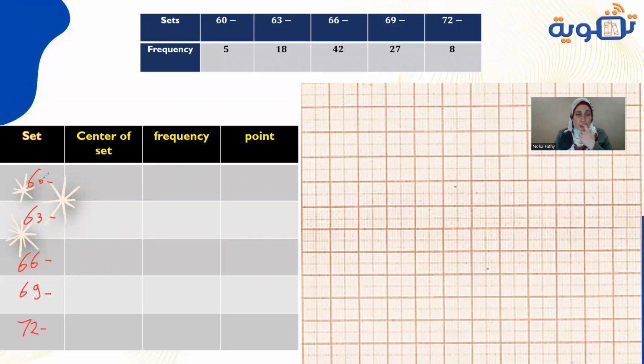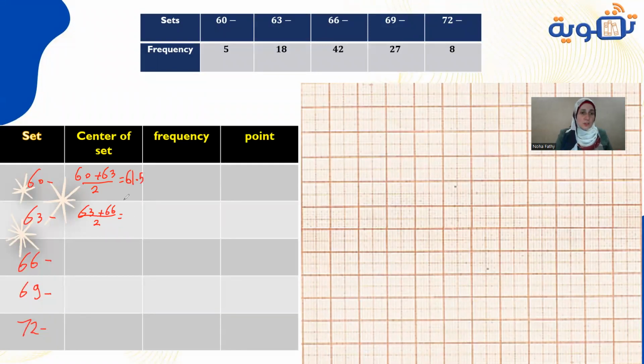What is the center of set? I will add lower limit plus upper limit divided by 2. It means 60 plus 63 divided by 2, then 63 plus 66 divided by 2, and so on. 60 plus 63 divided by 2 gives me 61.5.